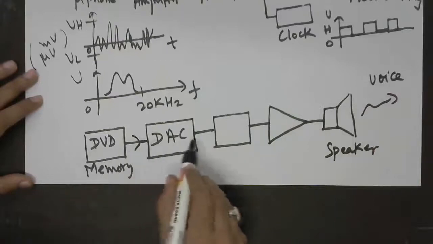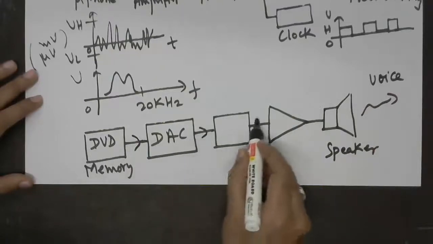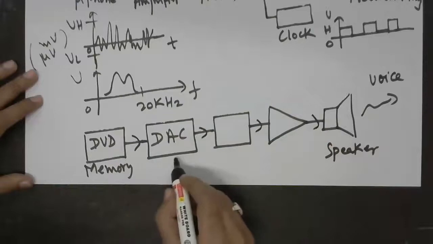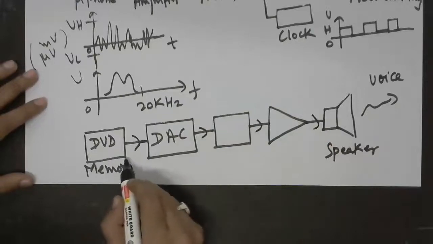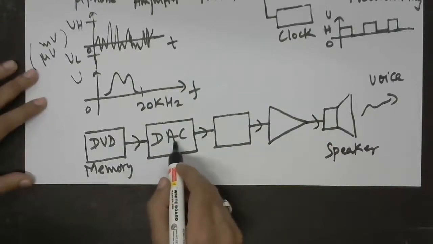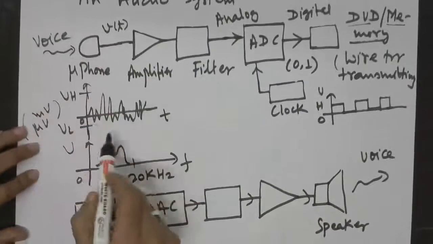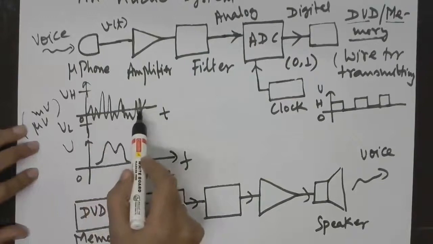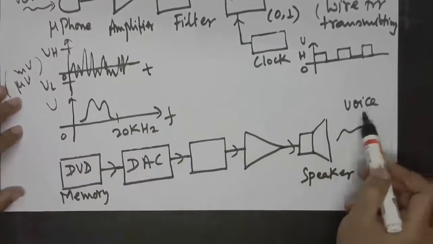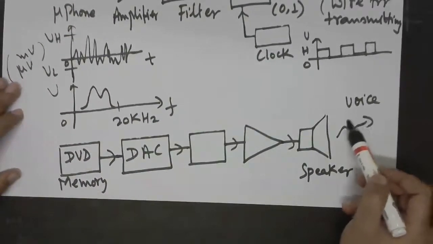So now you can see the signal travels in this direction, and so this digital signal has to be converted into analog form, because our voice is analog. So what we should get here should also be analog.